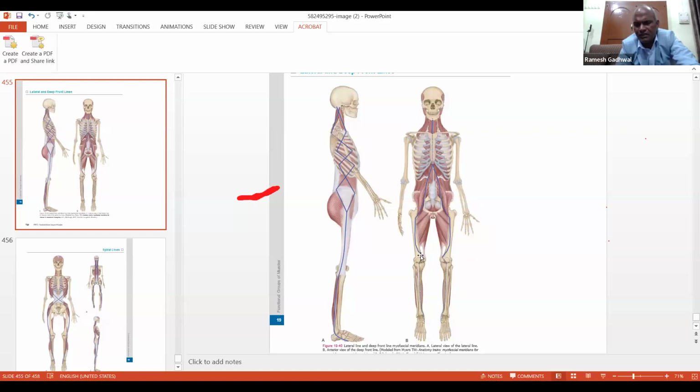Then the next plane, if you see, this is the lateral line. In the first picture, we saw front and back. In this, you see the lateral line.